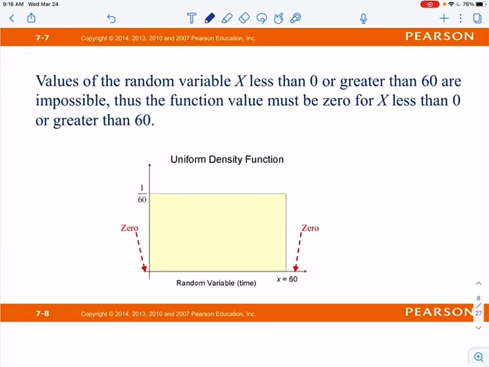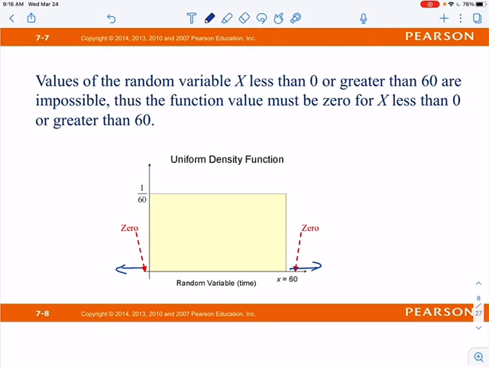Values of the random variable x less than 0 or greater than 60 are impossible. Thus, the function value must be 0 for x less than 0 or greater than 60. It can't happen outside of that range. Your package is being delivered between those two time frames. That's the only option.